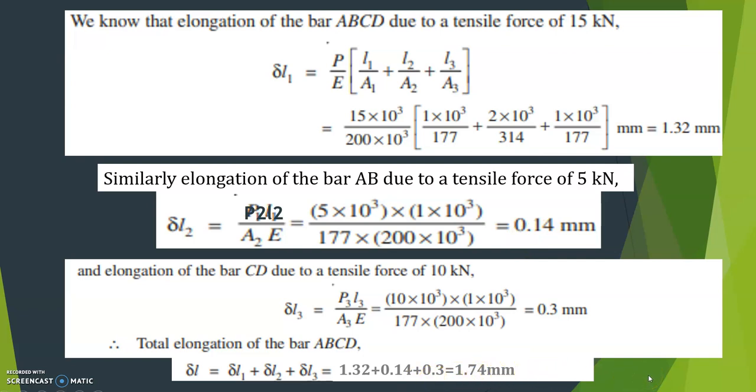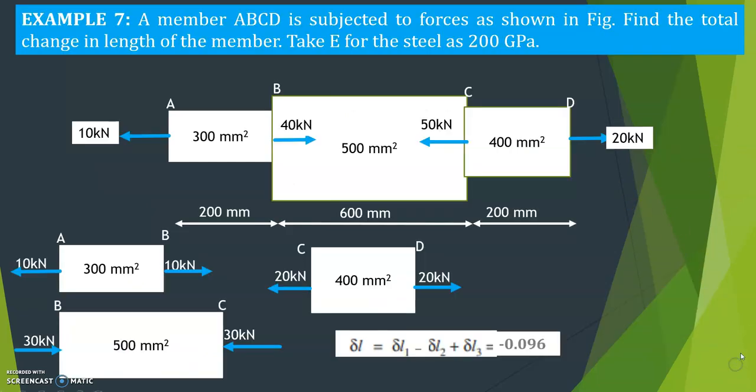So in this way you can calculate the deformation by applying the principle of superposition for the uniformly varying sections, right? We will see one more example. A member ABCD is subjected to forces as shown in figure. Find the total change in the length of the bar. Take E for the steel as 200 GPa.